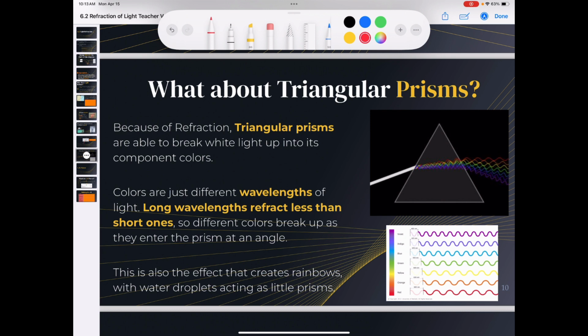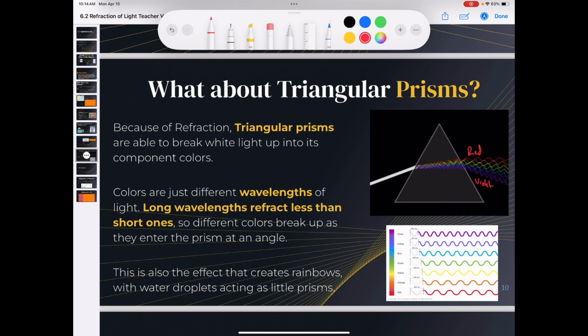And so triangular prisms will do this, and you'll always wind up with this pattern where you get your red up top and you get your violet down below. And that's just how they break up all of those colors. And so that's essentially the end of refraction.